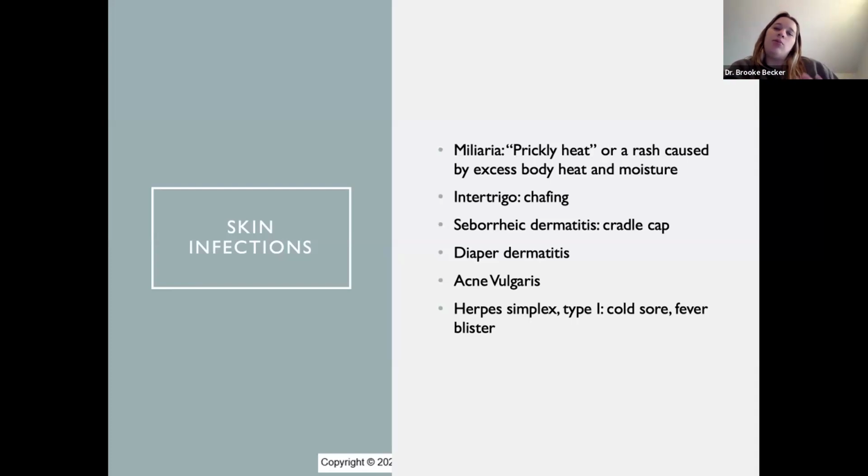Intertrigo, so this comes from chafing. So if you've seen babies who have a lot of rolls, you can see chafing or red irritation in those rolls, and that's intertrigo.